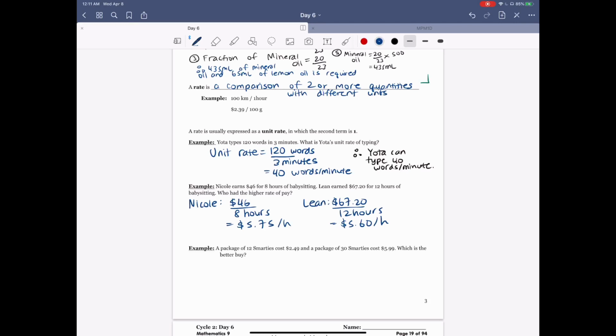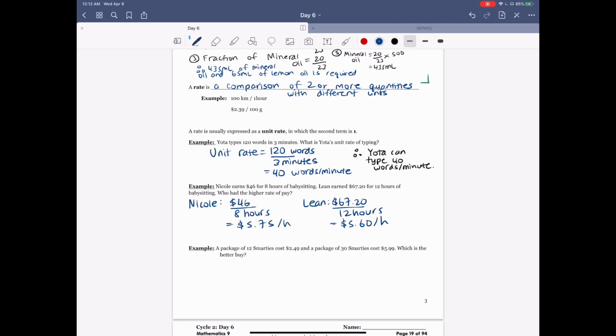So I don't know if you've been to the supermarket lately, but when you go, especially the bigger ones, you can try to look for the unit rate. Sometimes they don't say it in terms of 1 gram per se, but they try to do it in a way that's comparable. So for example, like $2.39 per 100 gram.